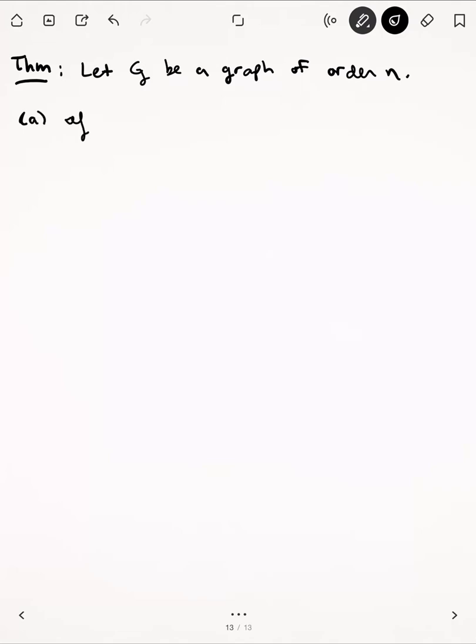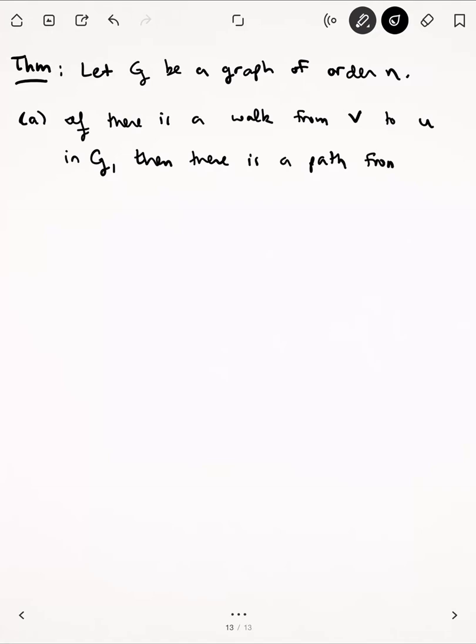If there is a walk from V to U in G, then there is a path from V to U.